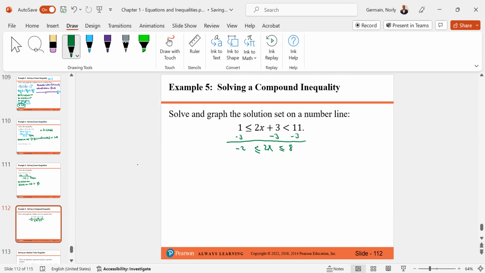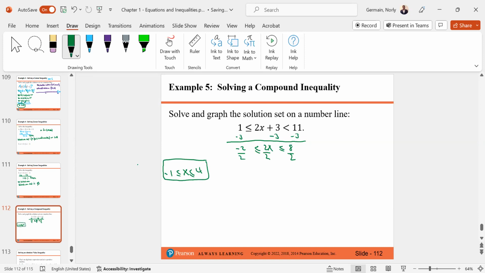Then we isolate x from the 2x, dividing all 3 parts of the inequality by 2. So we do 2, 2, and 2. So what we have left, we have x in the middle between -1 and 4. That's our solutions.